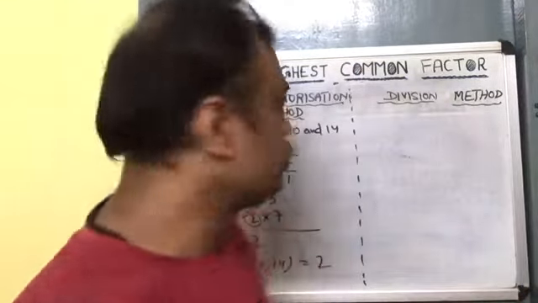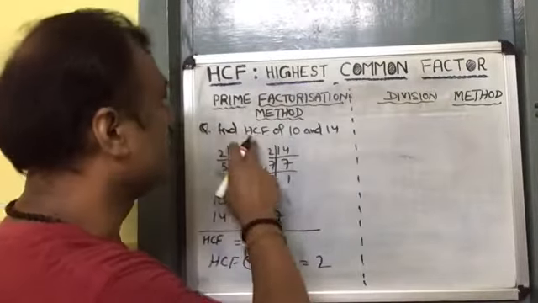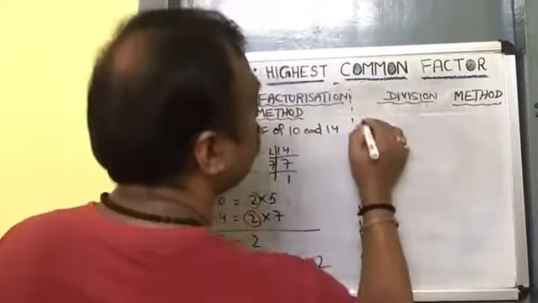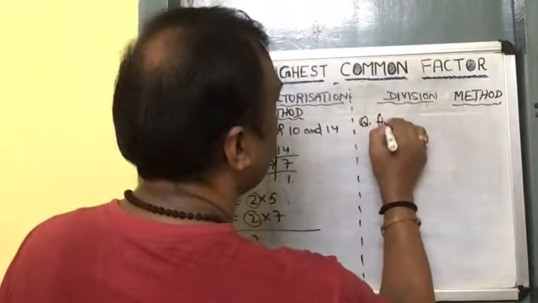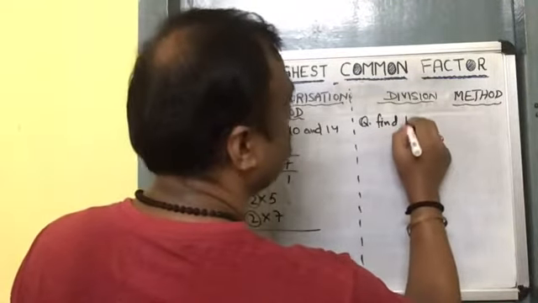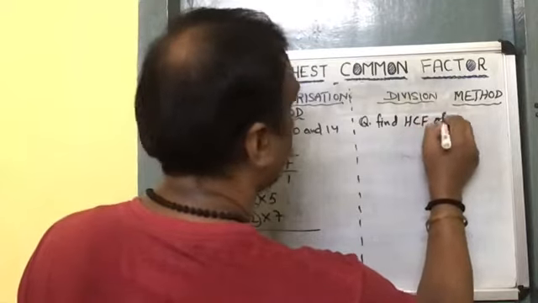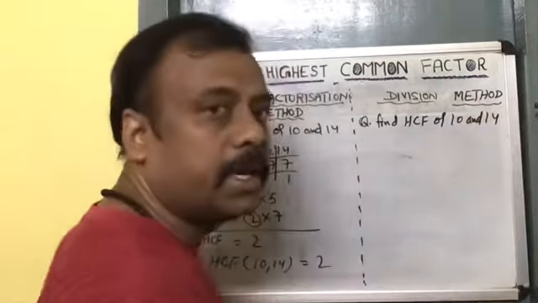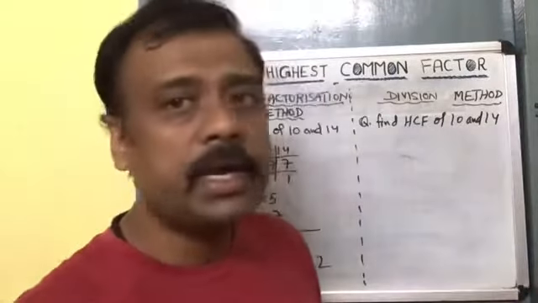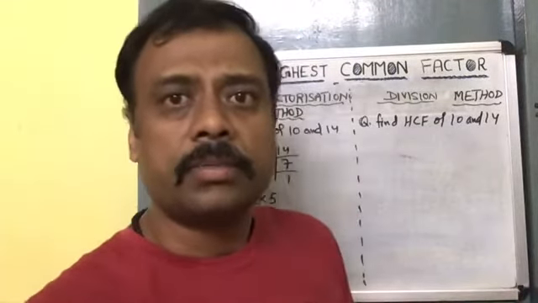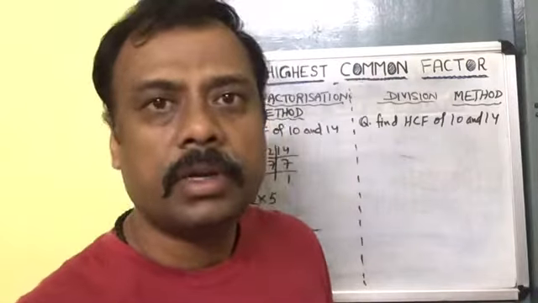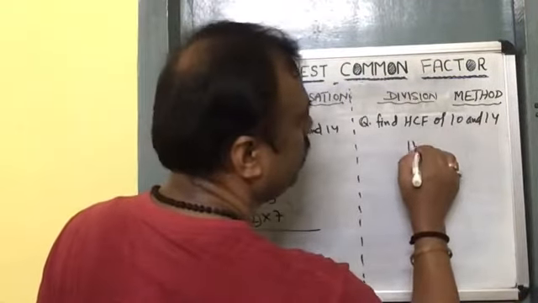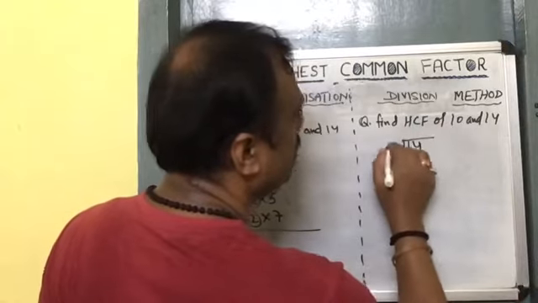Let us do the same thing with the help of the division method. The question is, find the HCF of 10 and 14. Here we have to divide the larger number by the smaller number. So what should we do? We should divide 14 by 10.